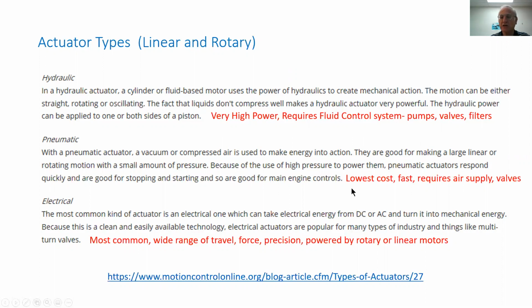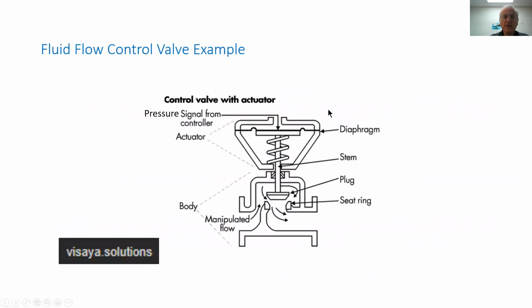It is considered lower cost and very fast, and also requires an air supply and valves. Most commonly used in mechatronics, the actuators are electrical. They have a wide range of travel, force, and precision, powered by rotary or linear motors.